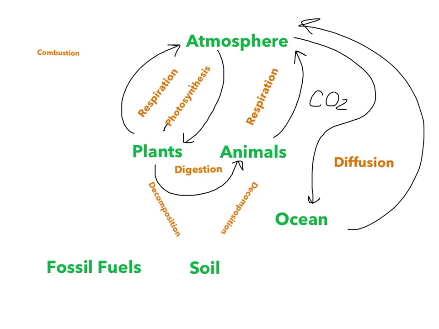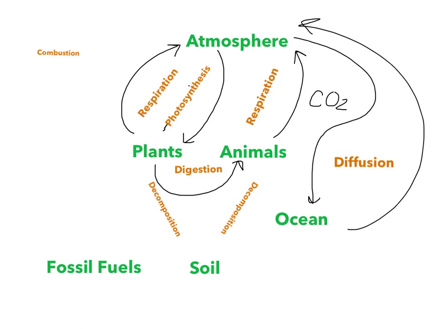But then decomposition can also move carbon dioxide from plants and animals into what we call fossil fuels. So I'm going to draw some more arrows that go over there. Now if things decay very, very slowly, instead of just decomposing into the soil, they turn into the fossil fuels like oil, natural gas, and coal. So decomposing organisms can end up in two different places.